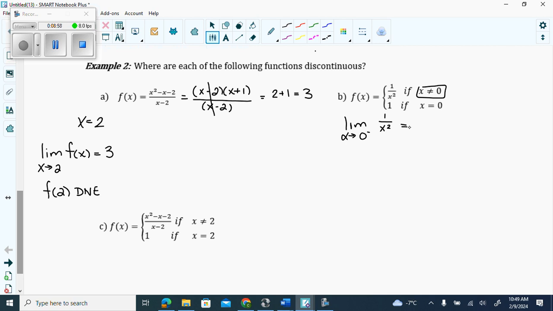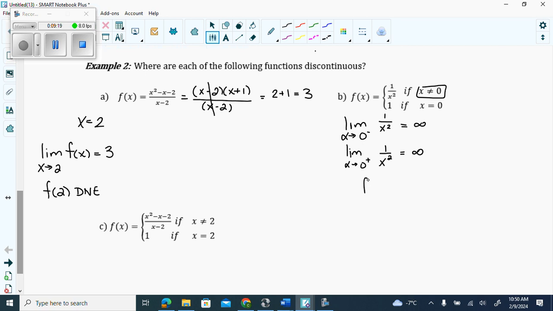So when we have 1 over x squared, x squared, not 1 over x, they're both approaching positive infinity. Now, we would get 1 over x squared, this would be infinity, and the limit as x approaches 0 from the right, 1 over x squared is infinity.